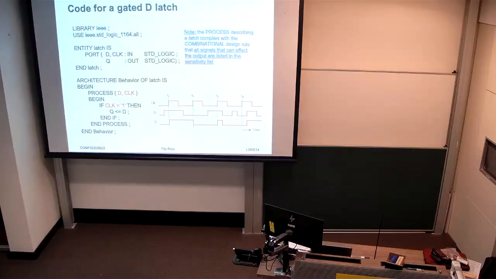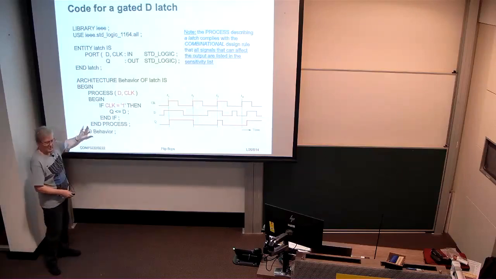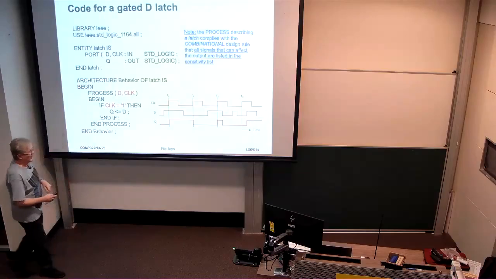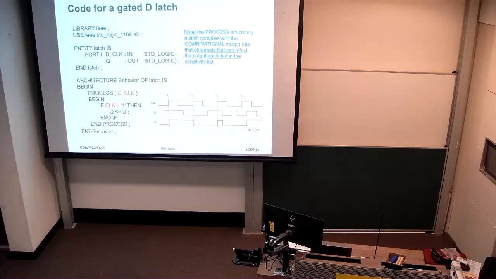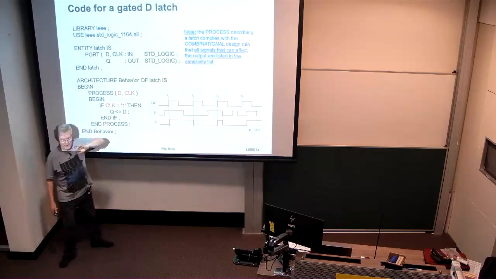So a latch has to have both the signals that you want to assign to the outputs in the sensitivity list as well as the clock in the sensitivity list. Otherwise, it's not going to work reliably. In fact, most compilers will check if your code misses something. If you left the D out, you're probably going to get an error.